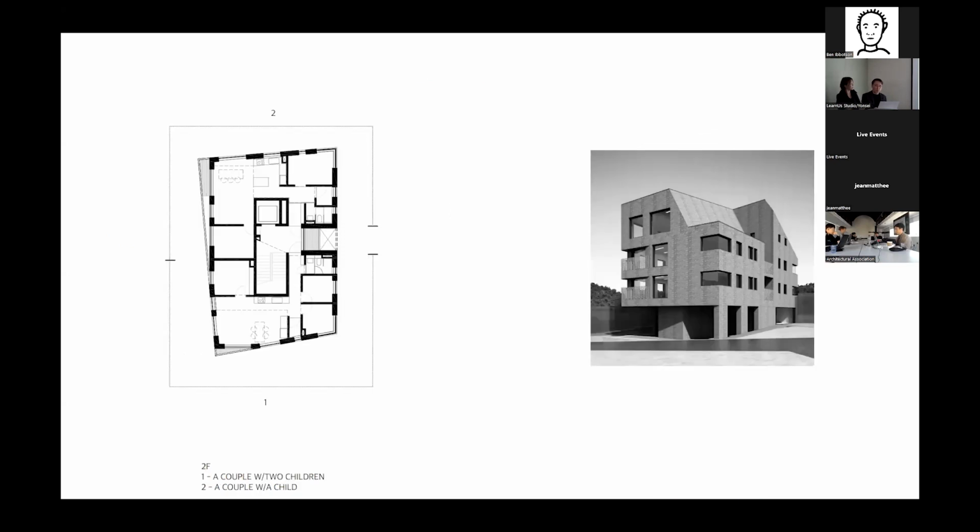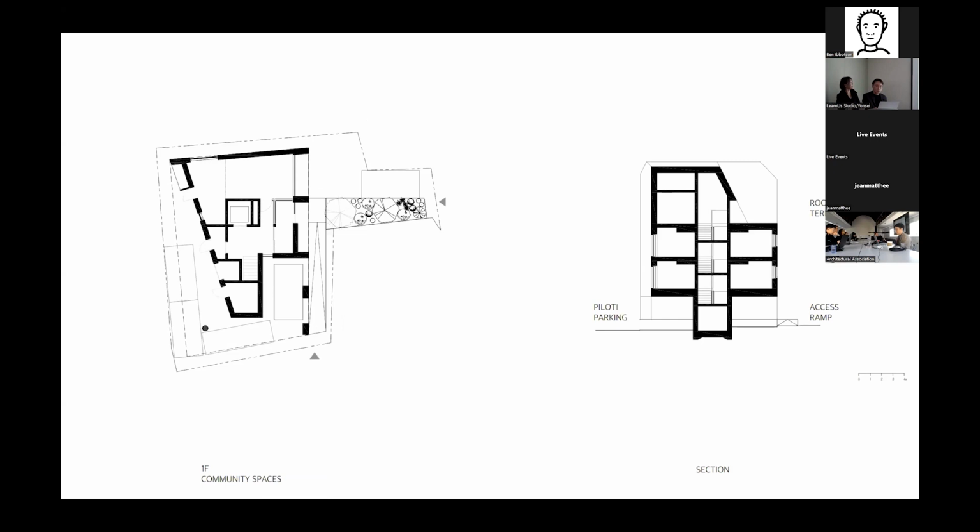Numbers of bedrooms and their locations were adjusted according to each family's requirements. And the massing was determined by the tough regulation called the right of light, thus the internal flexibility was crucial. Multi-purpose hall, community dining, shared garden, and shared terraces are the community spaces they are aiming for.